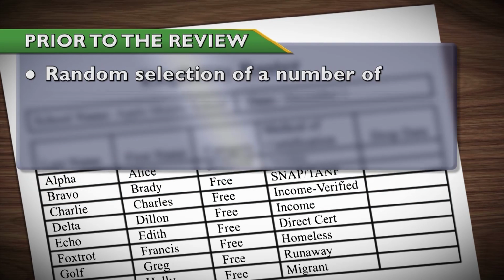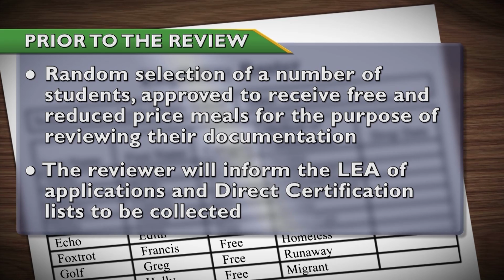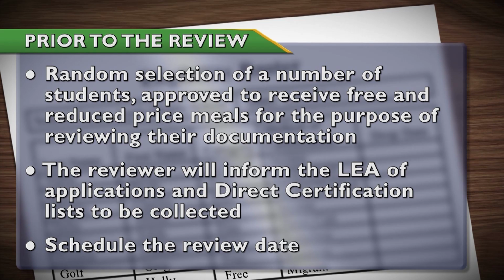The reviewer will randomly select a certain number of students who receive free and reduced price meals prior to the on-site visit for the purpose of reviewing the documentation for these students. The reviewer will inform the LEA of the applications and direct certification lists that are to be collected and schedule the review date.